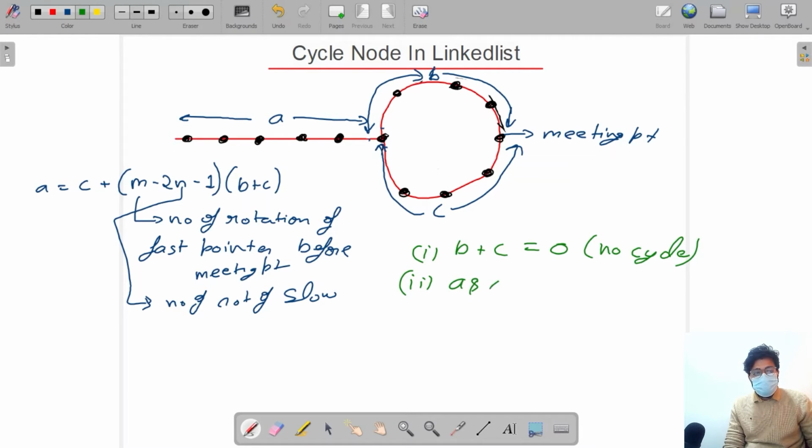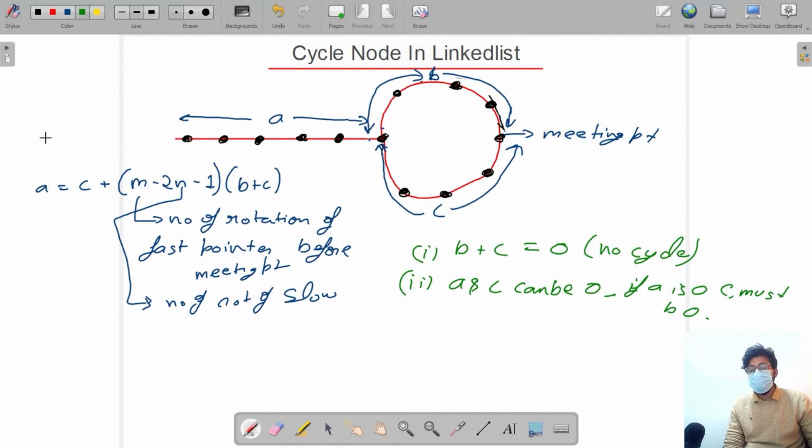The second condition is that A and C can be 0. But if A is 0, C must be 0. Why?